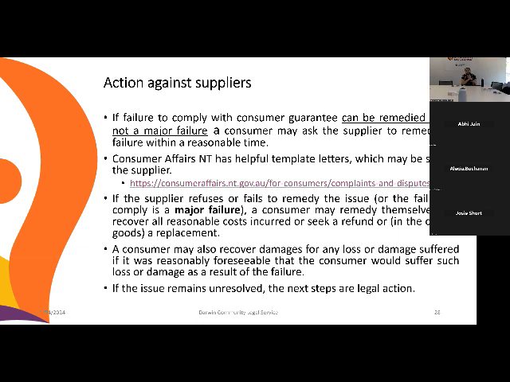Where you would go, most likely, depends on the amount that you're seeking. If it's 25 grand or less, you'd be going to the Northern Territory Civil and Administrative Tribunal. If it's up to 250 grand, local court. And if it exceeded 250 grand, you would need to go to the Supreme Court. That's a big consumer issue.